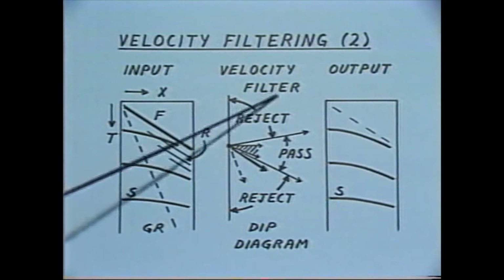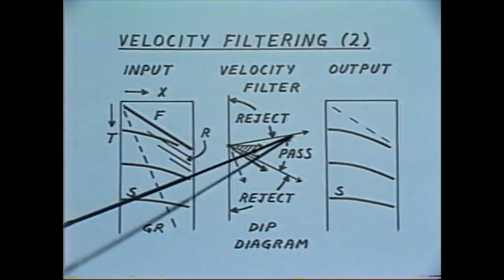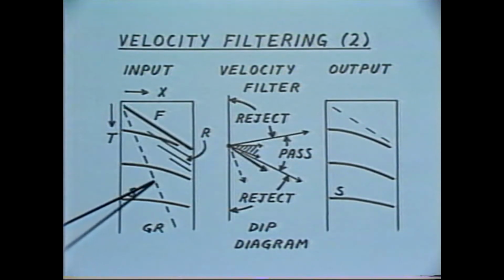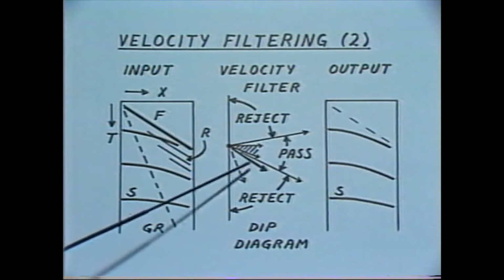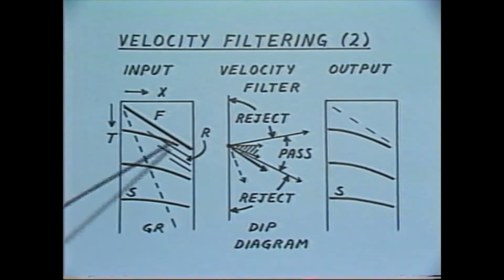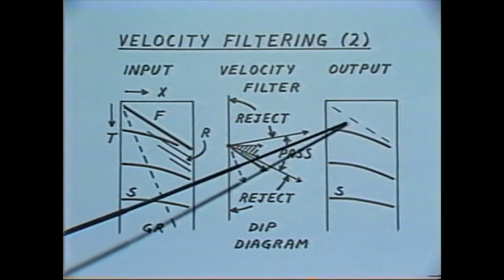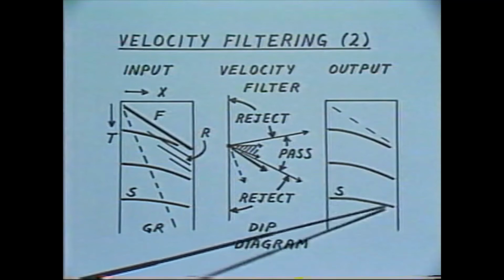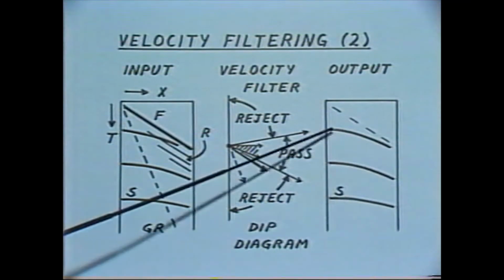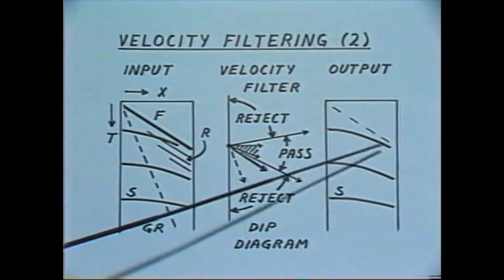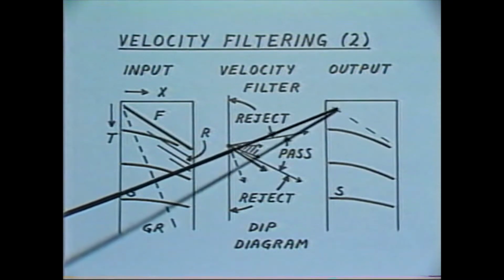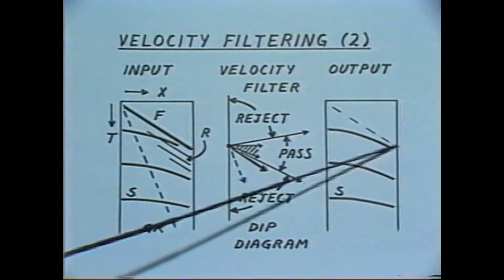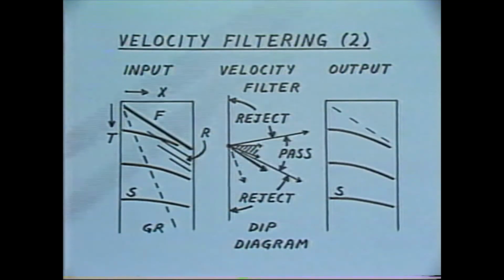So the result of applying velocity filtering to this record is to remove events with these dips, which are the various noise modes, so that we'd obtain a record which now looks like this, showing just the various reflection events and possibly just a trace of some of the stronger dipping noise modes, such as the first arrivals.